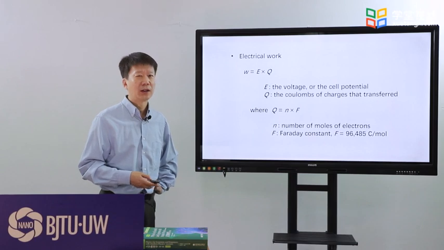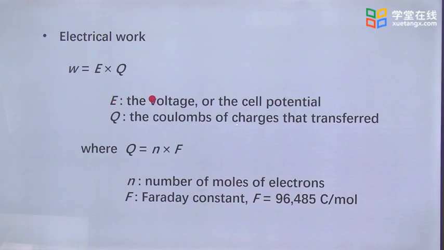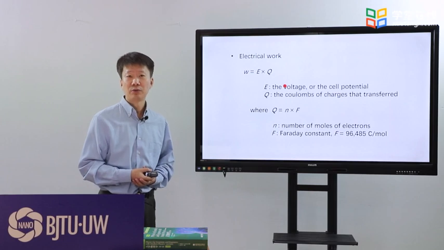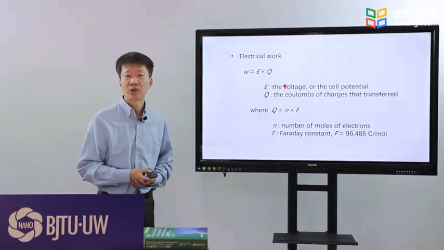Now, let's talk a little about the electric work. In chemistry, or more specifically in electrochemistry, the electrical work is the product of E and Q. E is the voltage or the cell potential.